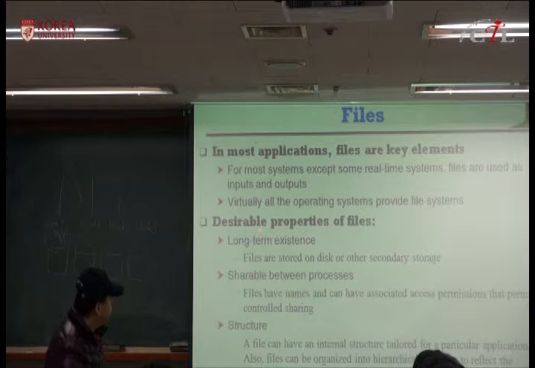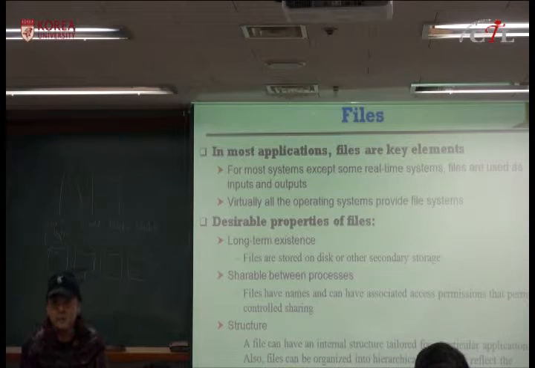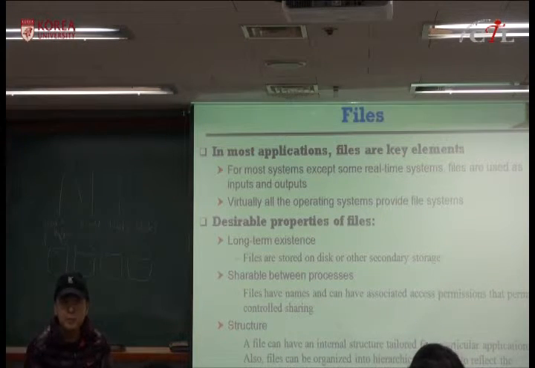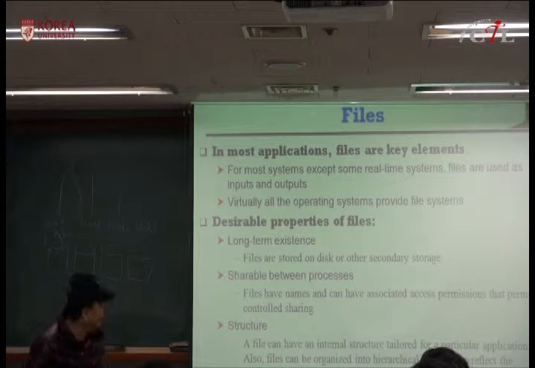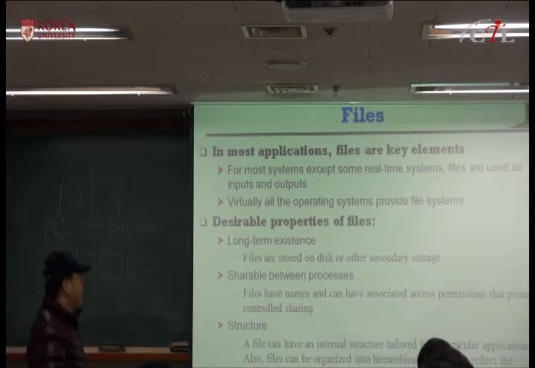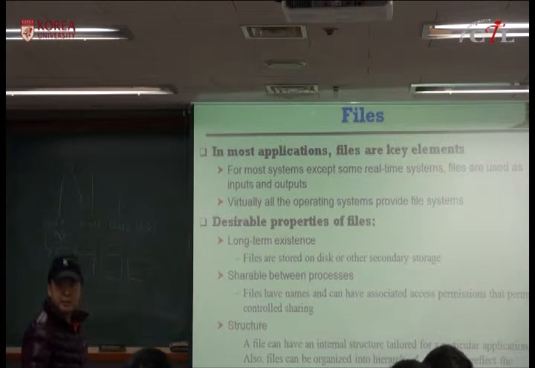Files have some desirable properties. They have long-term existence because files are stored on secondary storage, which is non-volatile storage. So if you want to keep data, you have to store it as files, right? Otherwise, memory or cache are all volatile memory. Files can be shared between processes. Files have names, and they also have access permissions that permit controlled sharing.